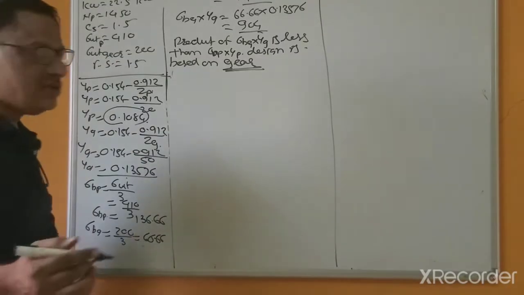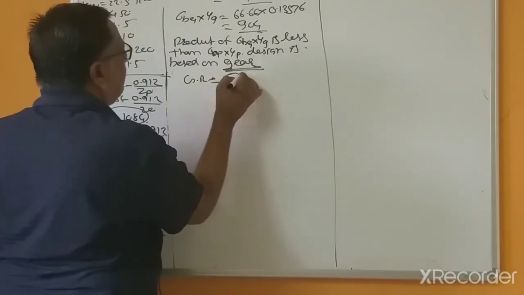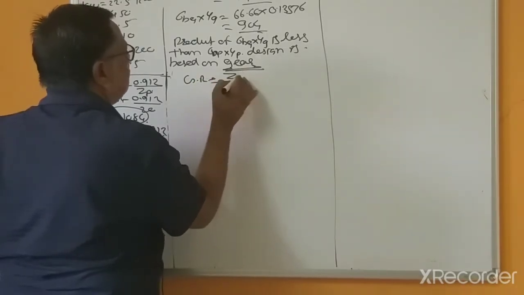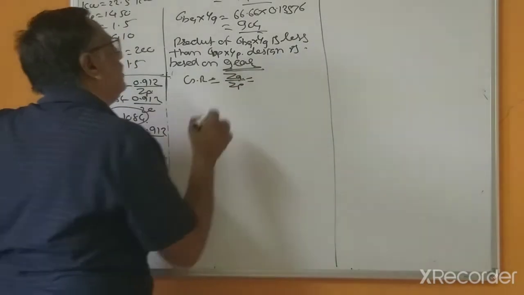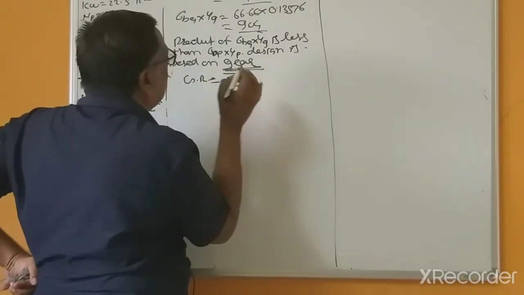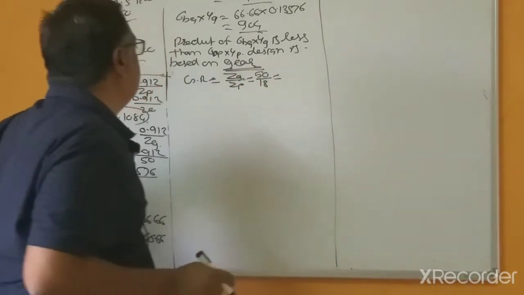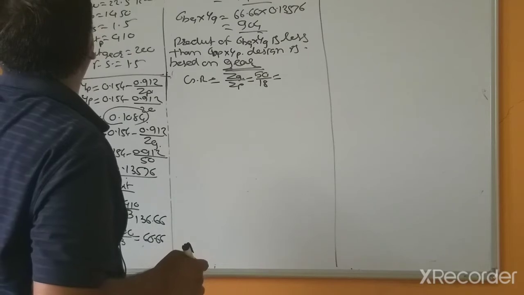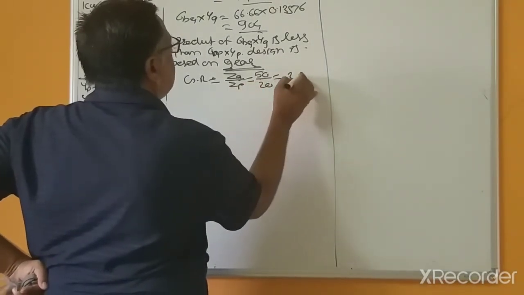Right? So that's why gear ratio equal to number of teeth, this is 50 divided by 20, so this is 2.5.